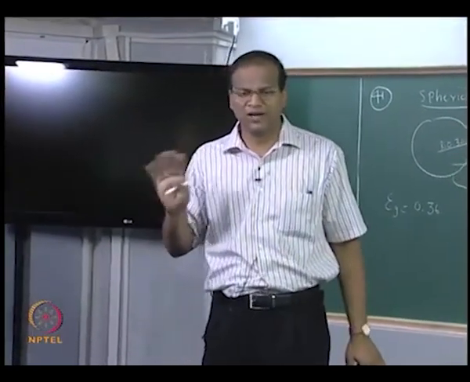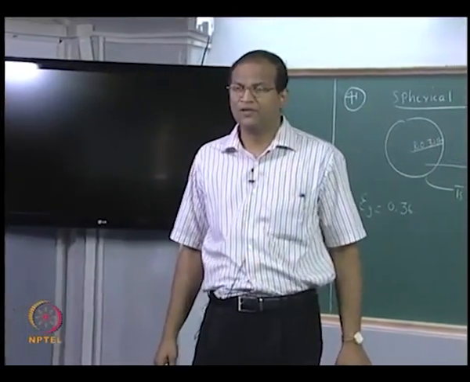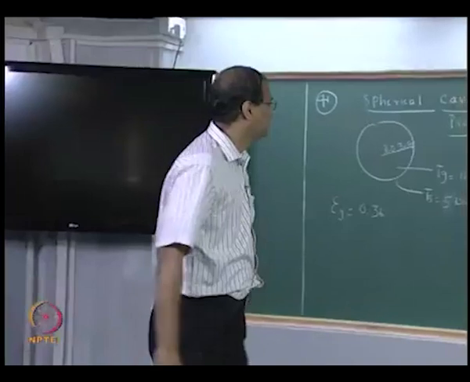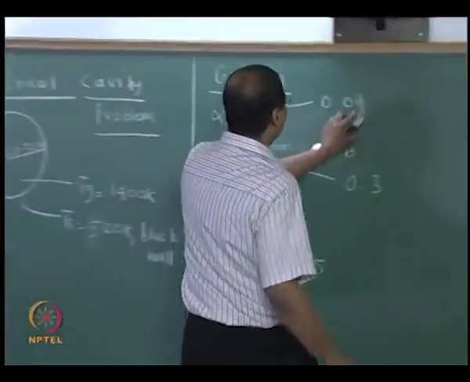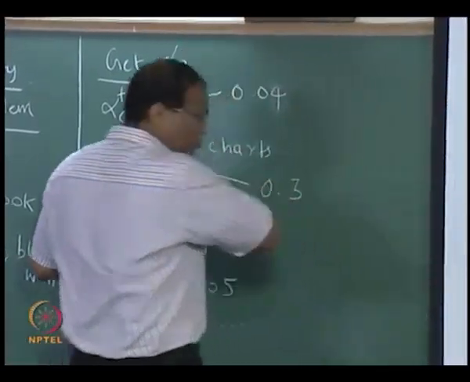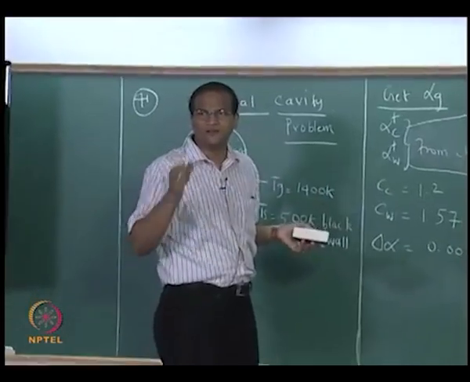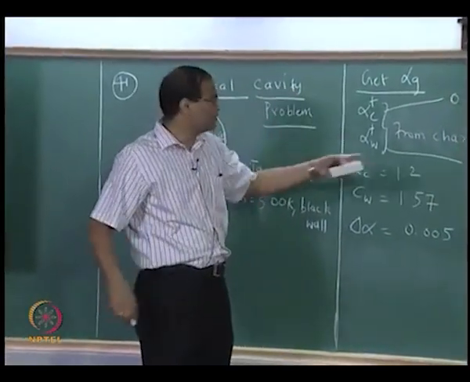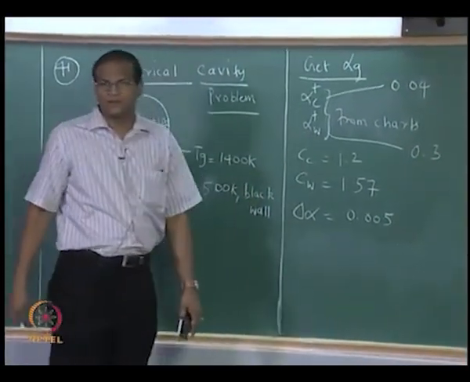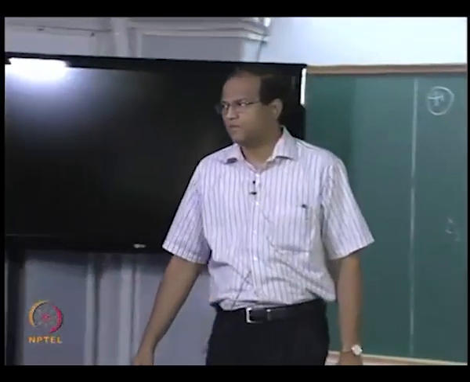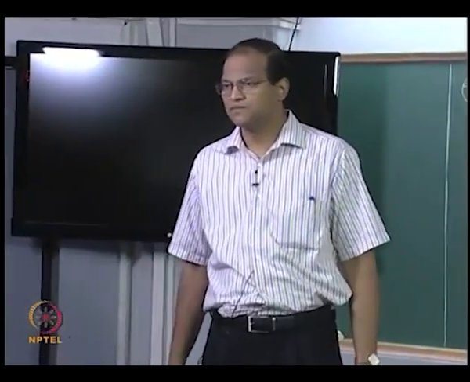Directly from the chart, what do you get? That is 0.04. After that you multiply the Tg by Ts. Before multiplying by the correction factor, before everything.